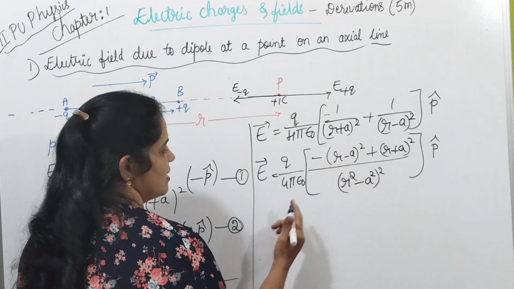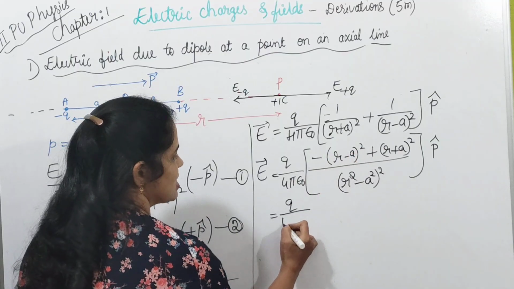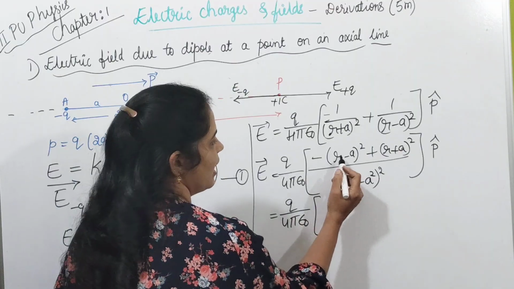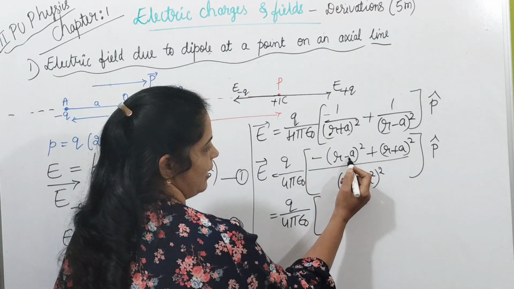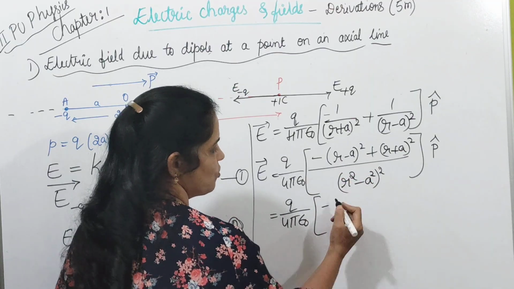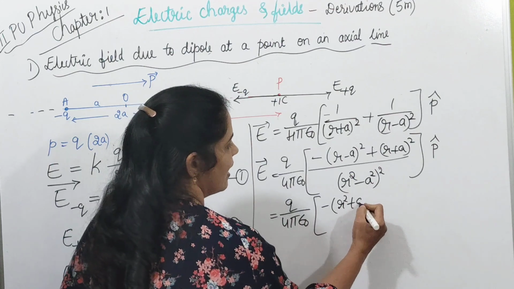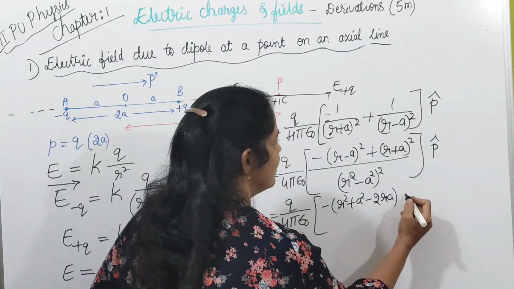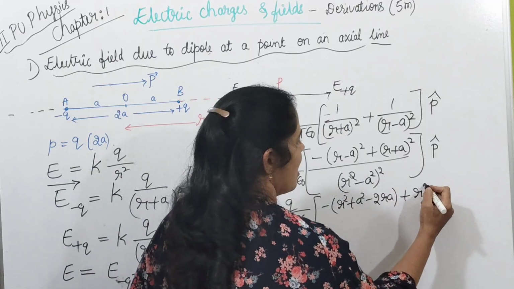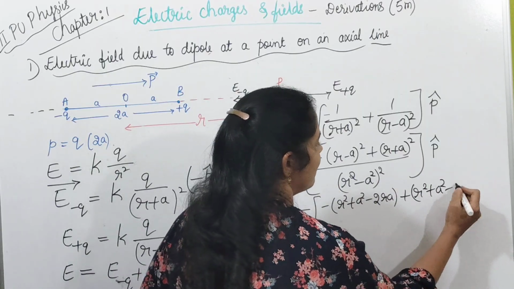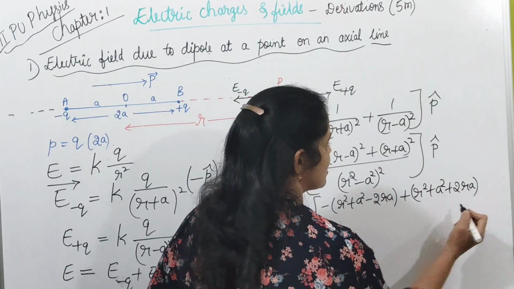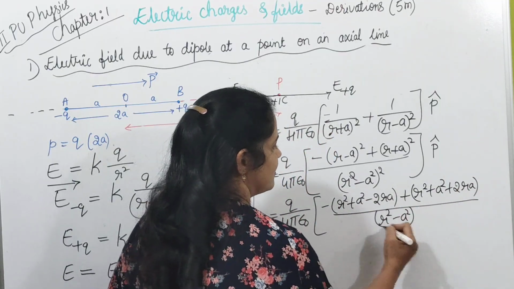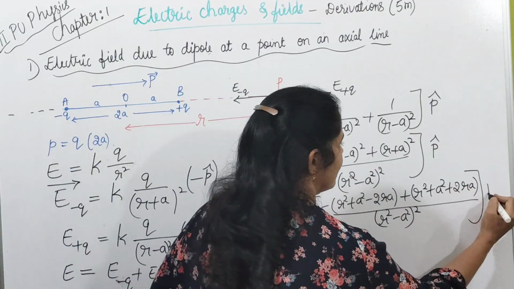Now let us expand this. So in next we will expand, that is here R square plus A square minus 2RA, okay? Minus I write outside, R square plus A square minus 2RA is an expansion, and here this is plus R square plus A square plus 2RA is an expansion, and write this denominator as it is, like this.